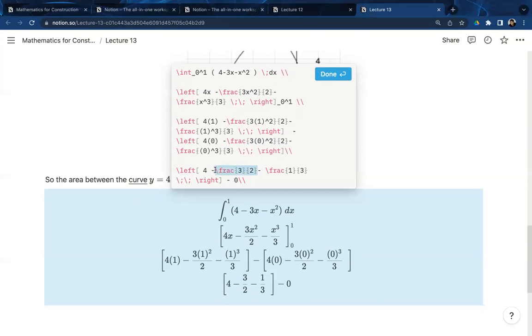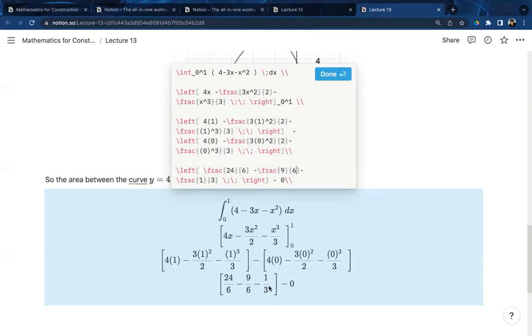4 is really a fraction. So you can write everything over 6. You multiply this by 6 above and below, you get 4 sixes are 24 over 6. You multiply this above and below by 3, so 3 over 2 is 9 over 6.